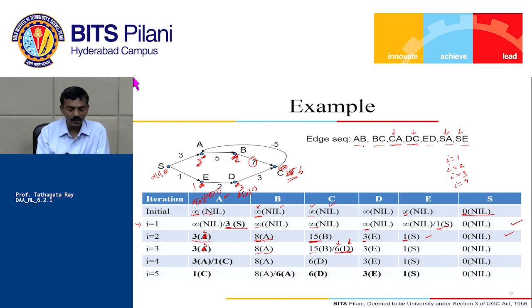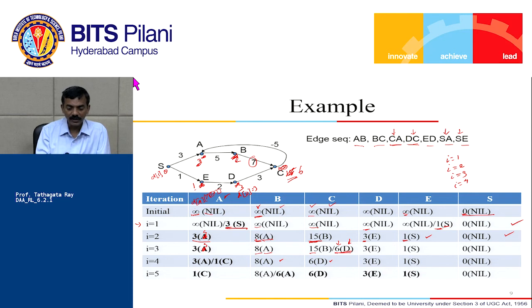Now what happens when I is equal to 4? Again, AB. A is 3, 3 plus 5, 8, remains unchanged. The B value. BC, B is 8 plus 7 is going to be 15, which is more than 6. So C remains at 6.